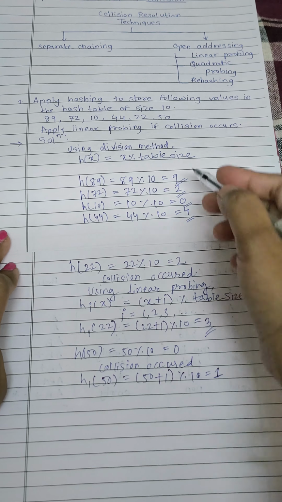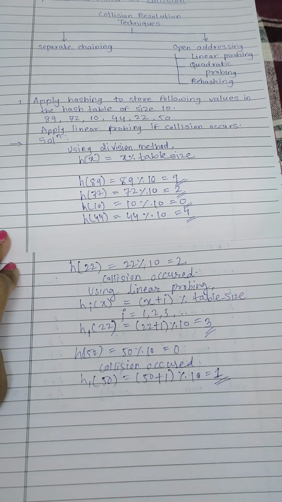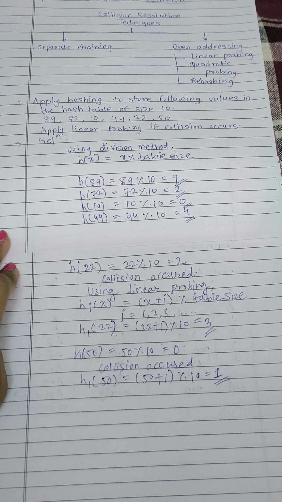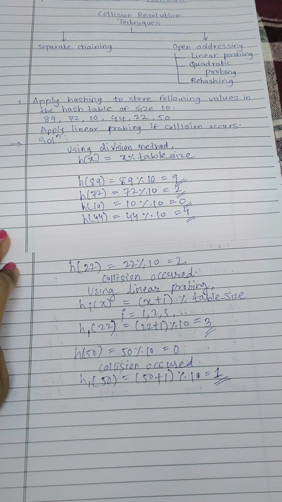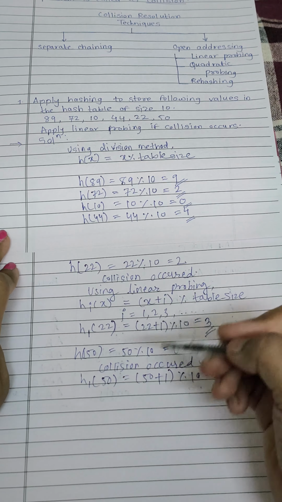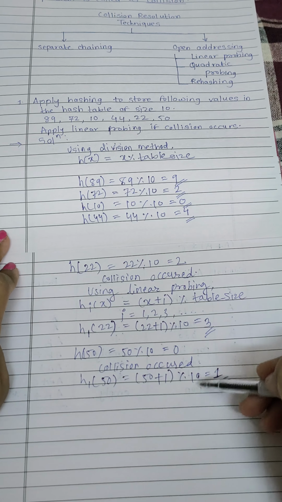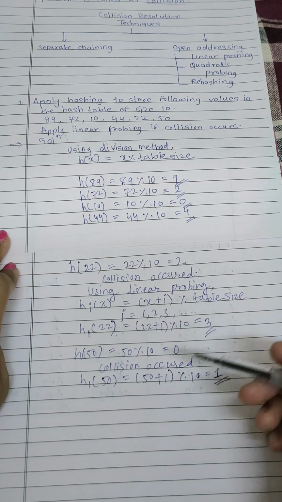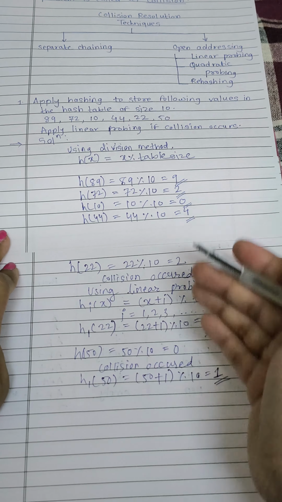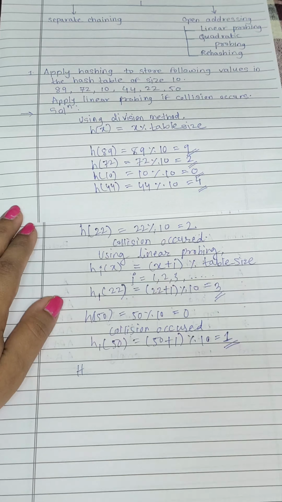Now 1 is not already in use, so again it will be a unique index that we can go for. As I said, if the slot is still occupied, you can go with the next calculation, doing h2 of 50, 50 plus 2, 52 mod 10, and so on. So that's it. This is how we have got all the values covered.